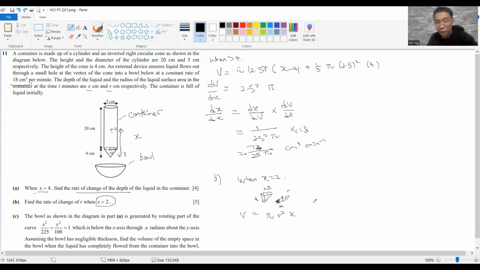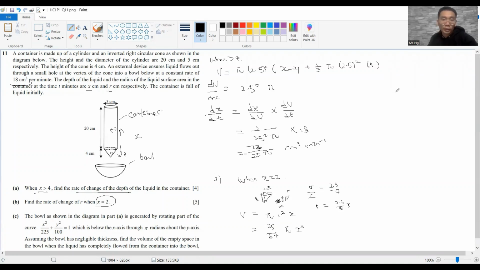Changing it, r over x equals 2.5 over 4. So r equals 2.5 over 4 times x, which equals 5 over 8 squared. So 25 over 64 pi x cubed.